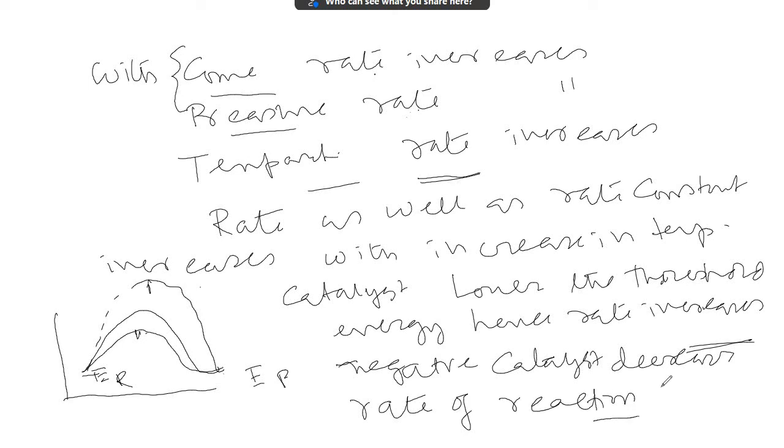Okay, so in a nutshell, what we have decided so far, I told you the rate of the reaction depends on four factors. What are those? Concentration in liquids, pressure in case of gas. With increase in pressure or concentration, why does the rate increase? Because according to collision theory, the more the number of collisions between the molecules, the more they pass the energy barrier, that is the threshold energy, so faster will be the reaction.